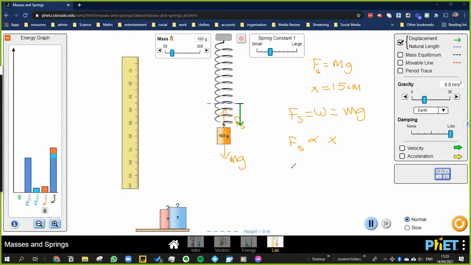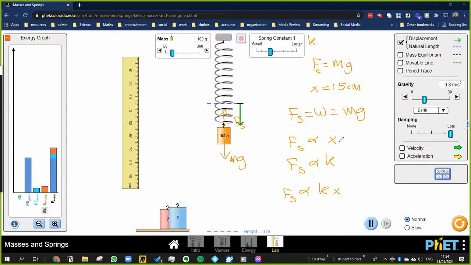And it's also proportional to the spring constant, which usually has the symbol lowercase k. So that would mean that the force of the spring is directly proportional to kx.